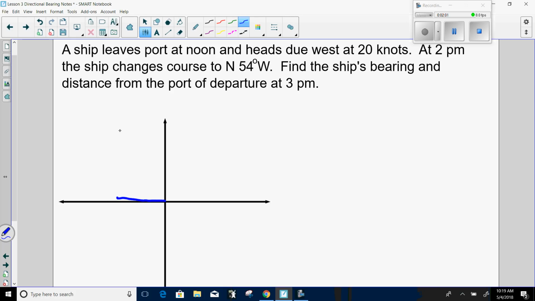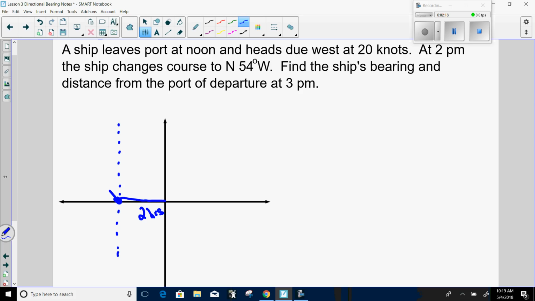Okay, well then that north-south line is now going to be fixed here to figure out the next part because we are now here after 2 hours. So it takes 2 hours to get here. And then from here it goes north 54 degrees to the west.